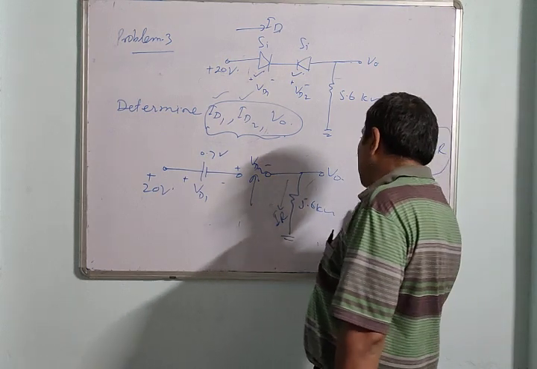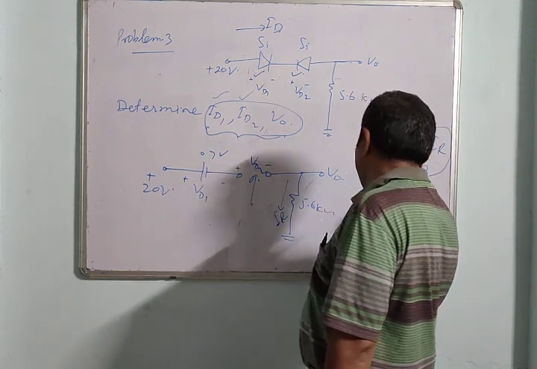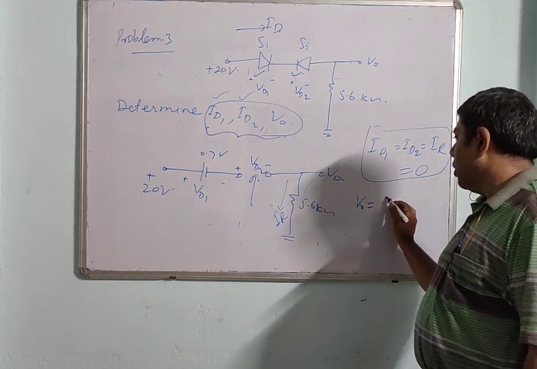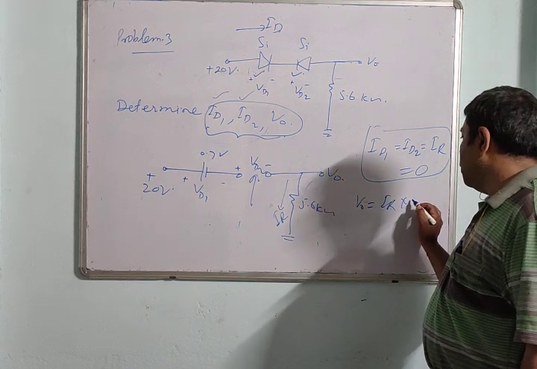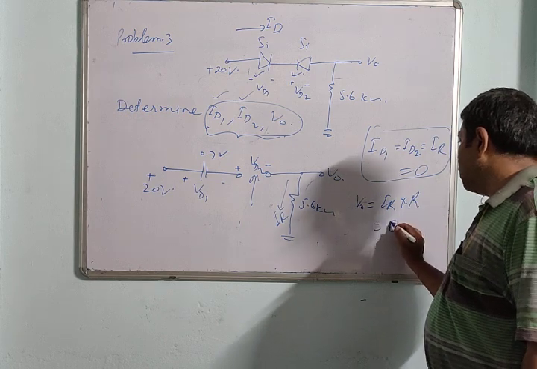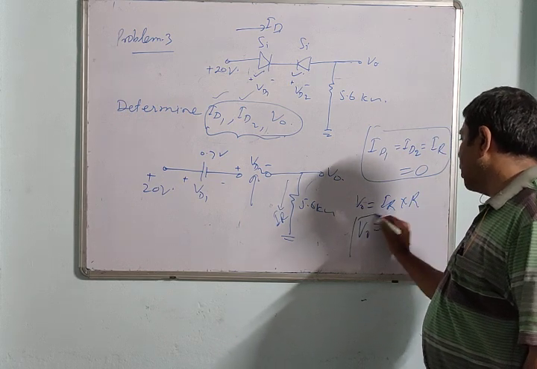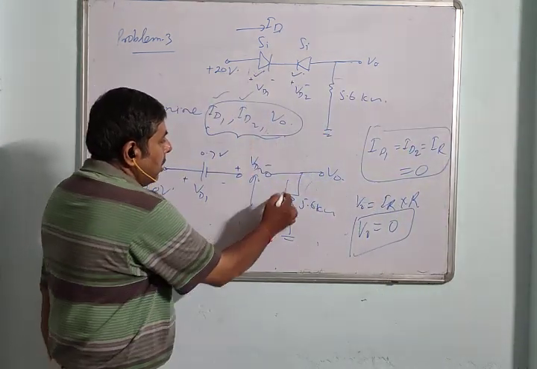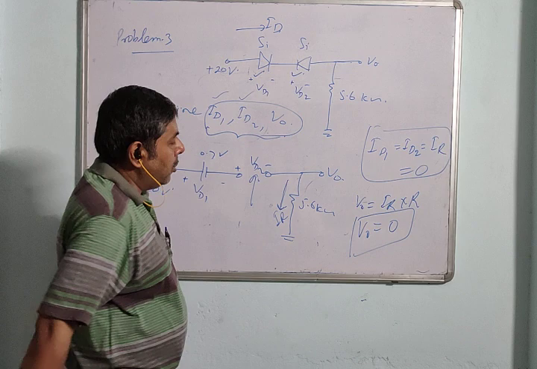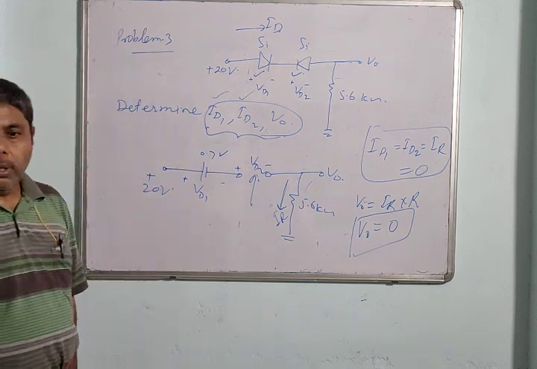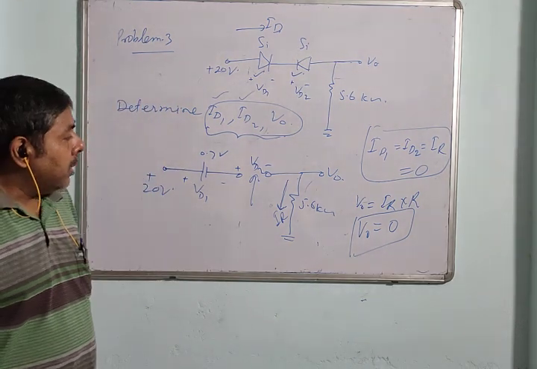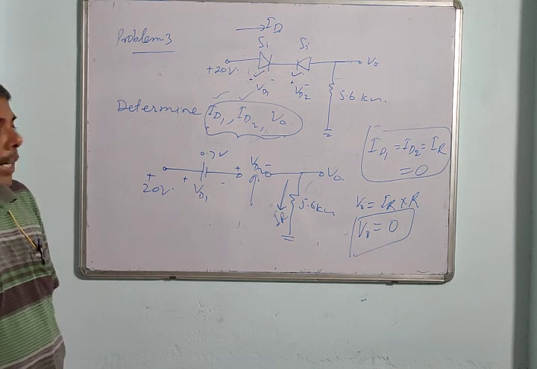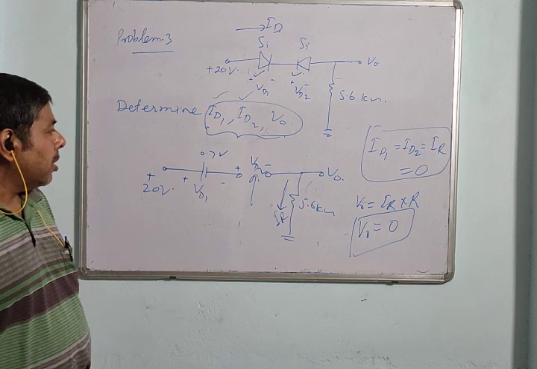Now what is V0? How can we calculate this V0? V0 is also, you can say, IR, into resistance. So this drop is also 0 because this current is 0. Okay. So this is about these two things, ID1, ID2 and V0.